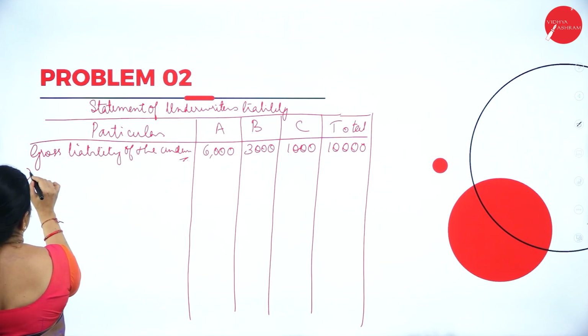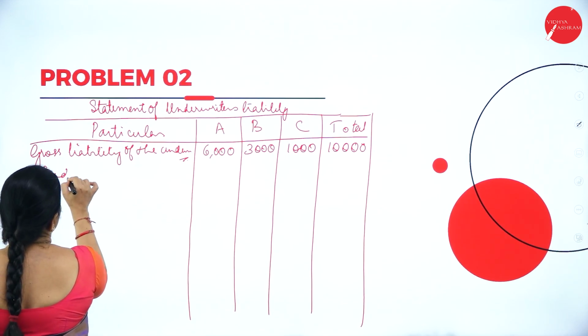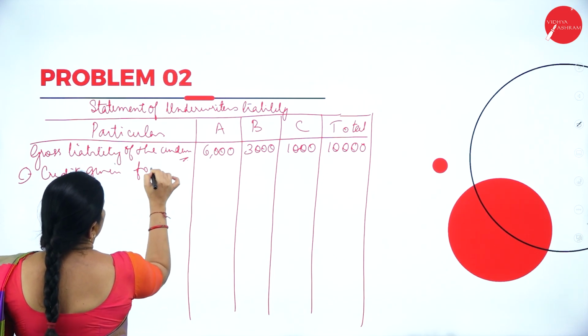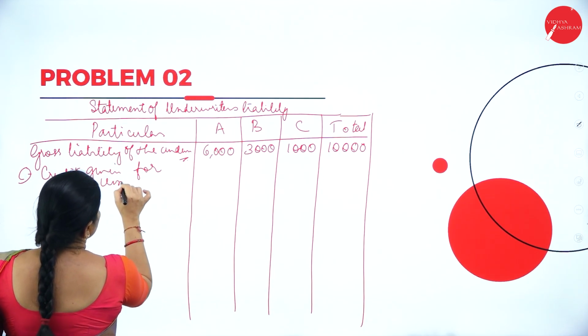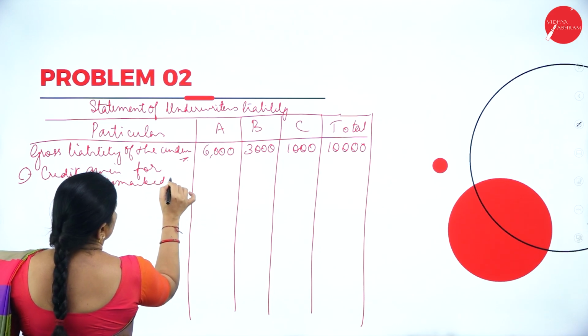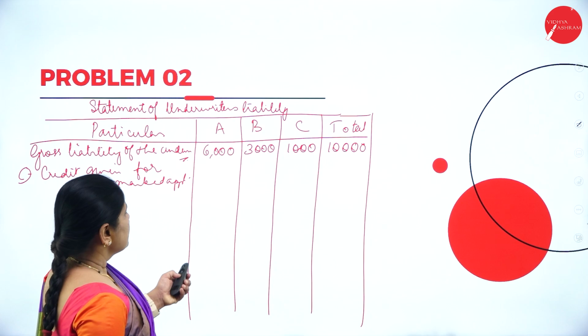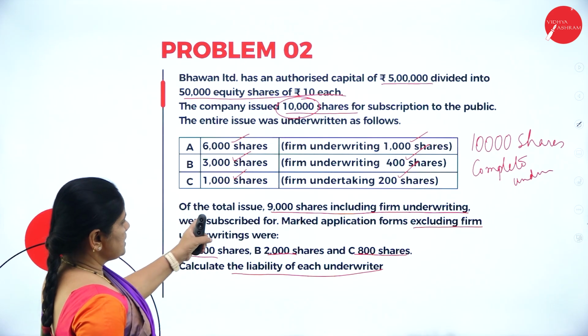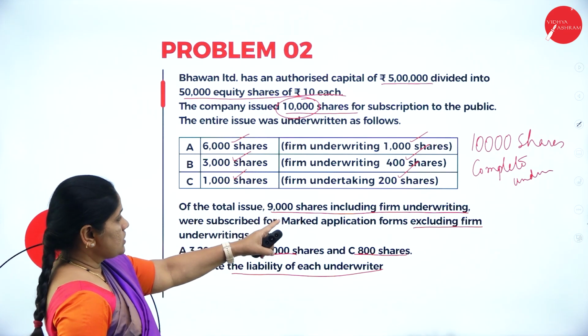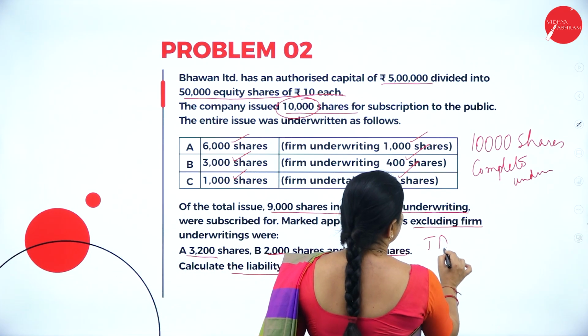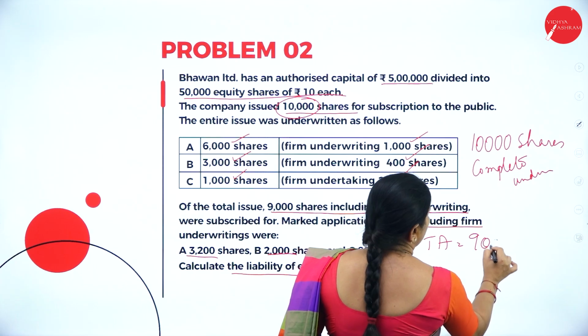So, less credit given for unmarked applications. Now, if we can see here, what is the total issue? 10,000. How many applications are received? So the total number of applications received is 9,000.